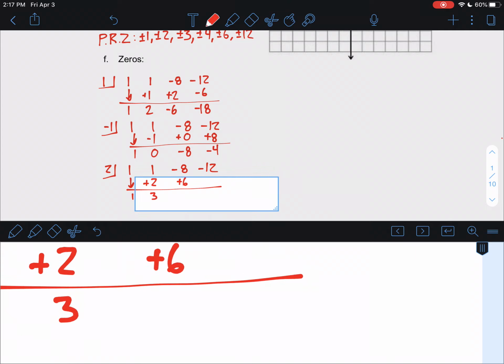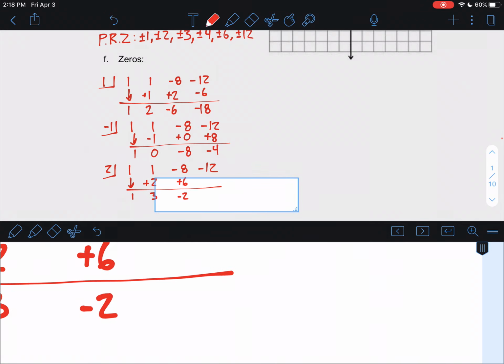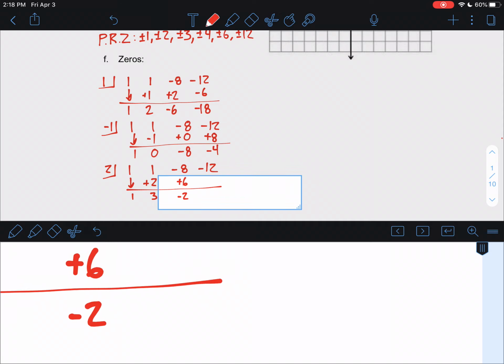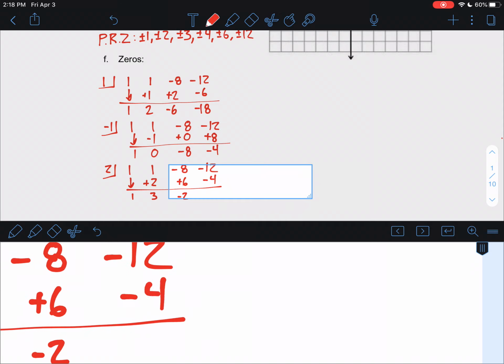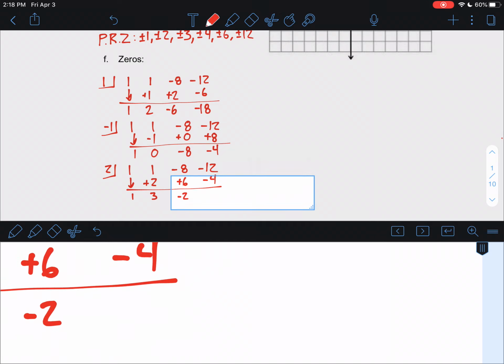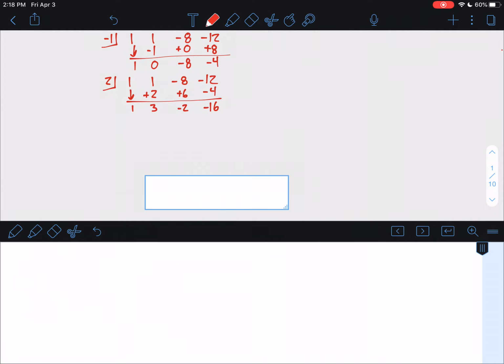Negative 8 plus 6 is negative 2. And then 2 times negative 2 is negative 4. And negative 12 minus 4 is negative 16. And again, since that negative 16 is not 0, it should be 0, that means 2 isn't a 0.